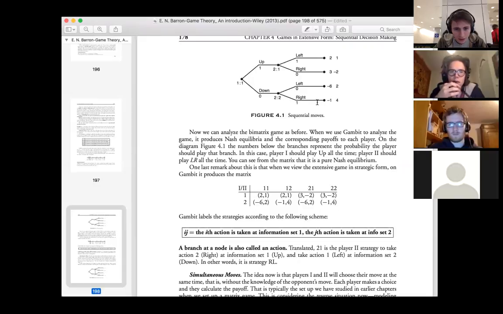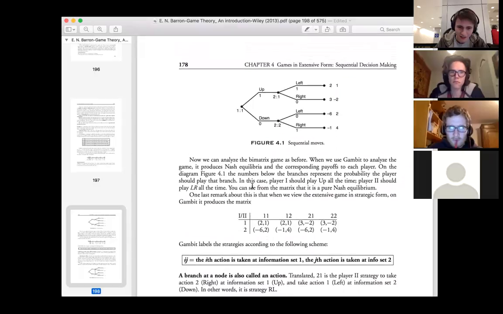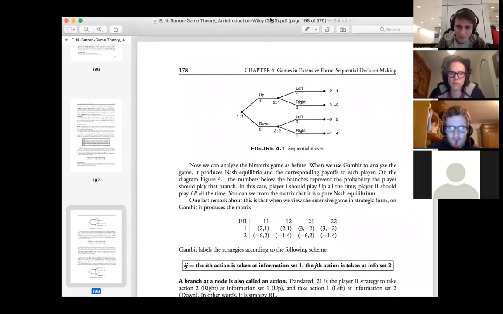Why is that a 2-1 and not a 3-2? It's very strange. Oh, I see.